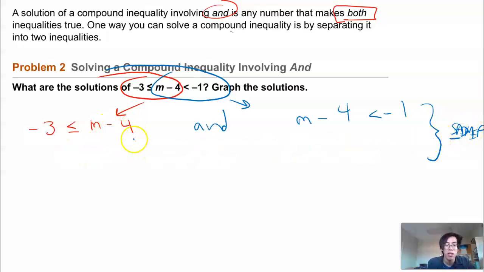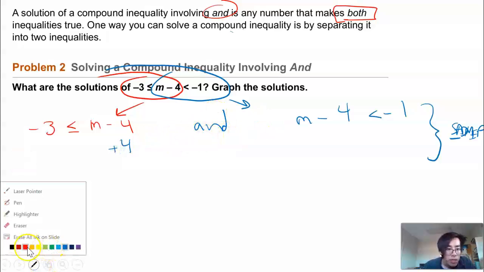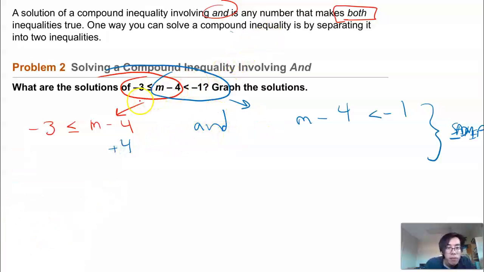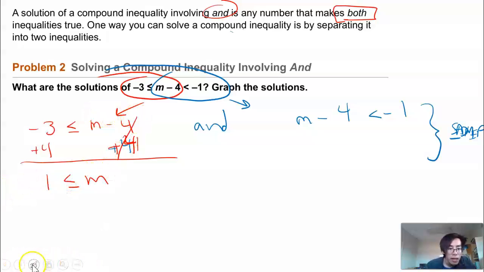So let's get rid of this minus 4 by adding 4 on both sides, and then also on this side as well. This cancels out, giving me 1 is less than or equal to m. And then on this side, I am going to also add 4 on both sides of the inequality.